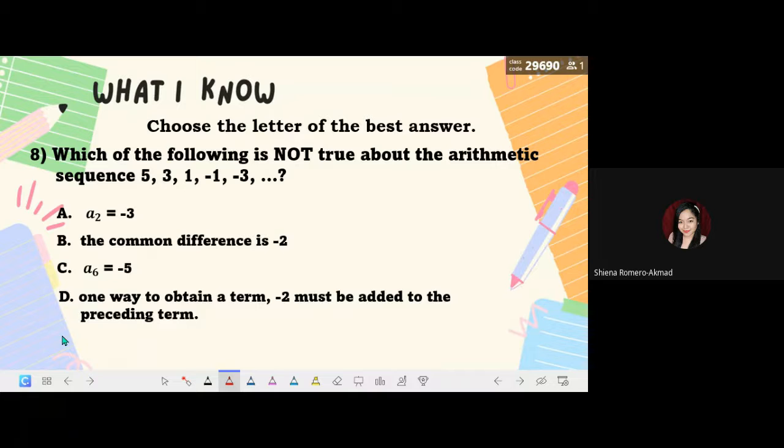How about for number 8? Sabi naman dito, which of the following is not true about the arithmetic sequence? Which is not true. Alin daw dyan ang not true sa arithmetic sequence?